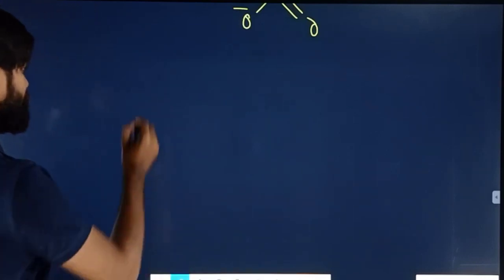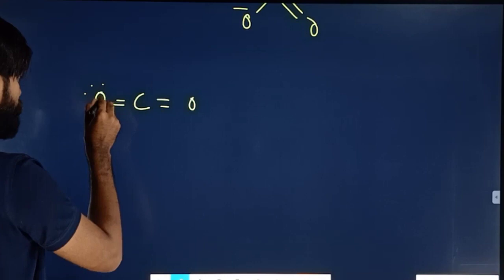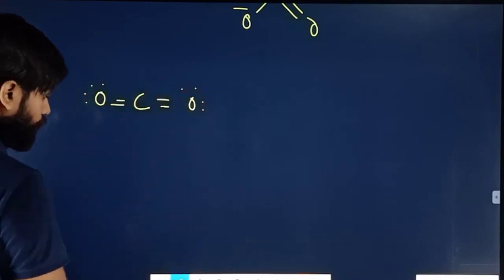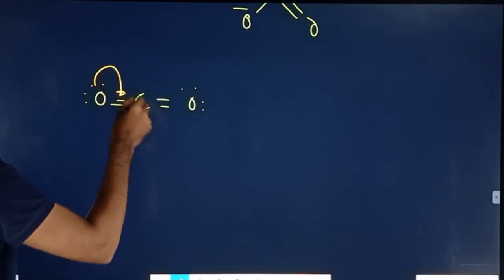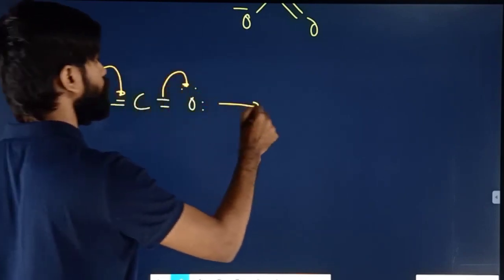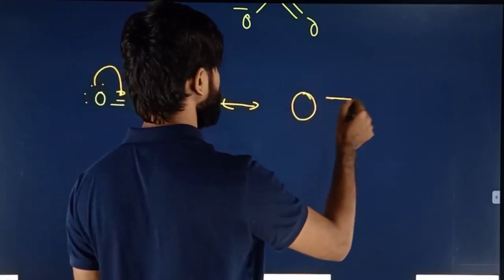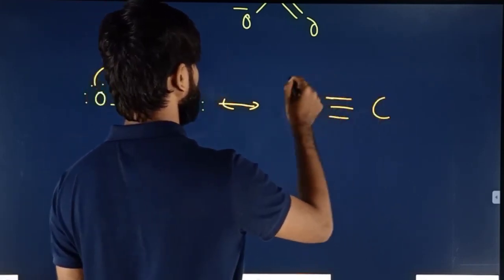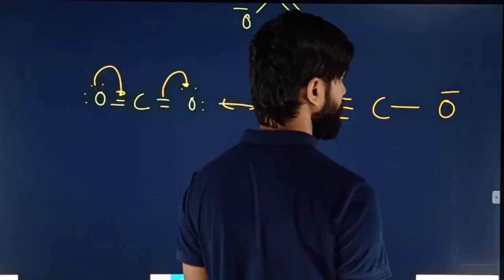Okay. What about the resonance structure of CO2? This is a normal stable Lewis structure of CO2. But CO2 also has a structure like this. When this jumps to here, this may jump to here. So here is oxygen with a triple bond, and that oxygen has a positive charge, and here is the oxygen with a single bond and negative charge.